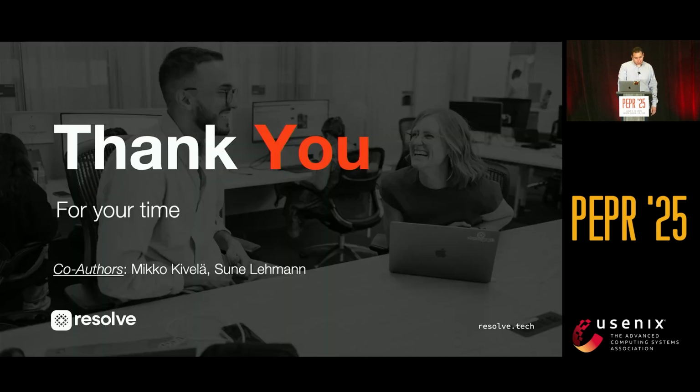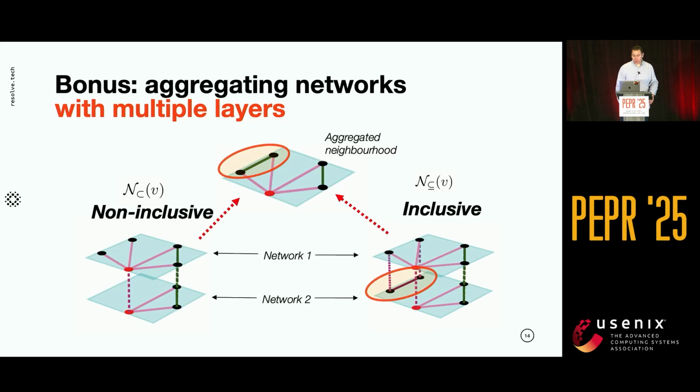In principle, the talk ends here, but since I have some time, I want to add that we did the same also for networks with multiple layers. There are different layers representing different networks with some overlapping people. You can define the neighborhoods in different ways.